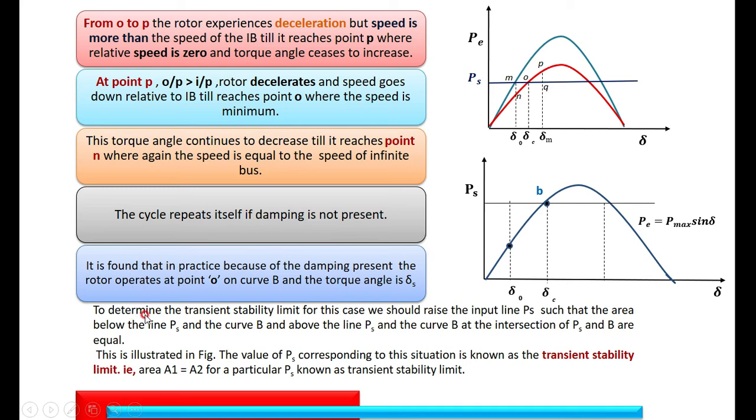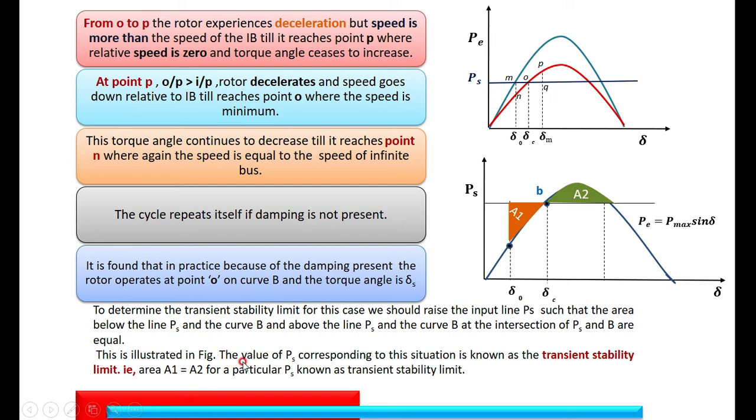To determine the transient stability limit for this case, we should raise the input line PS such that the area below PS and curve B, and the area above line PS and curve B, at the intersection of PS and B, are equal. That is what I am showing here, this A1 and A2.